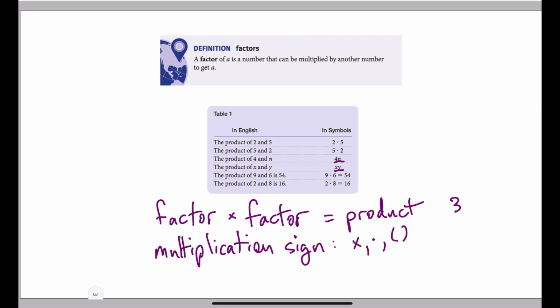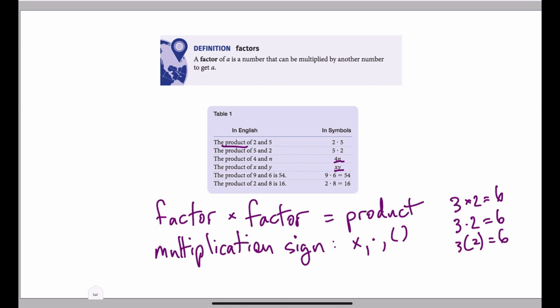Let's look at a couple of examples here. I could say 3 times 2, I could say 3 dot 2, or I could say 3 parentheses 2. All three of these mean multiplication. They'll all produce 6 as a result. So when we talk about multiplication, we're talking about the product.